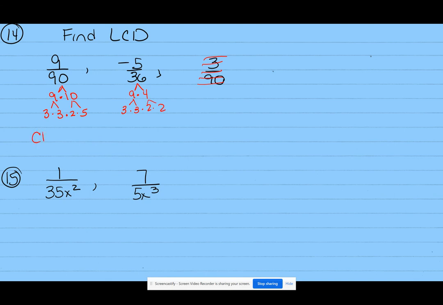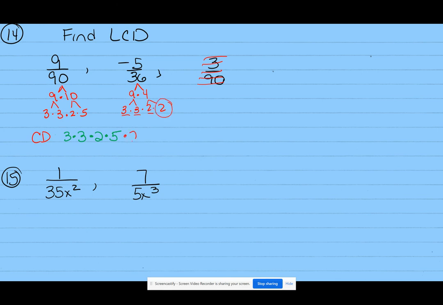All right, so in my common denominator, I take all the ingredients of the first one, all the factors of the first one. So I'm going to take a 3, a 3, a 2, and a 5. Then I'm going to go to the second one and say, what else do I need? Well, I already have a 3, I have 2 3s, and I have a 2. I need another 2.